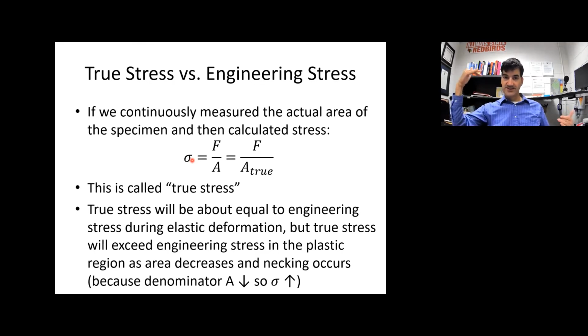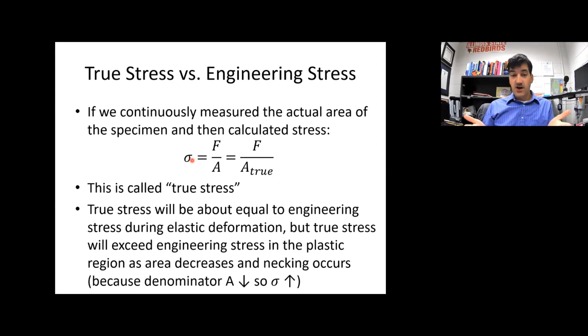So what we could say, and this is true, true stress is going to be larger than engineering stress. They're going to be real similar in the elastic region before there's much difference. You know, the cross-sectional area just doesn't change very much until you get to the plastic deformation region.